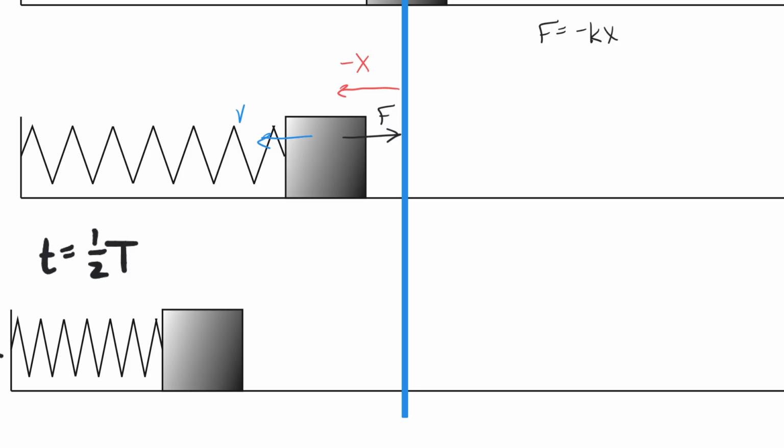Right, we're still moving to the left, but the force is now to the right. And if the force is to the right, the acceleration is also to the right.